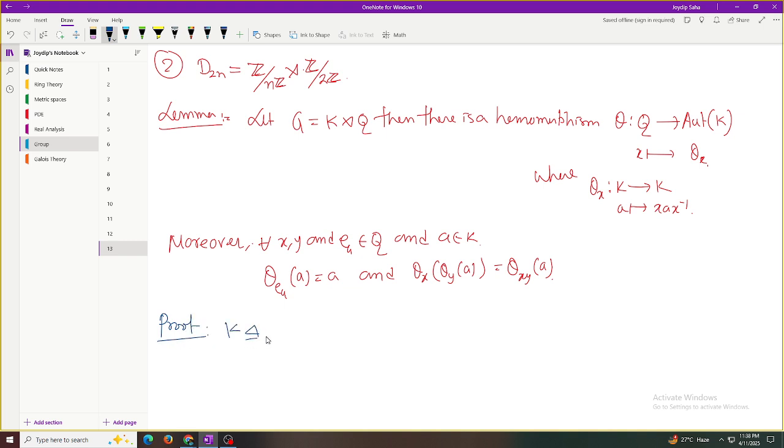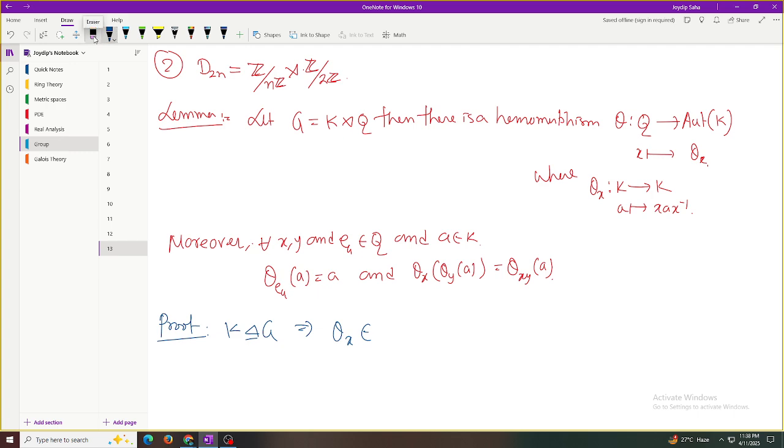K is normal in G because it is given. This implies theta x belongs to Aut K. Why is it an automorphism? It is the restriction of the inner automorphism gamma from G to G, and it lies in K also.